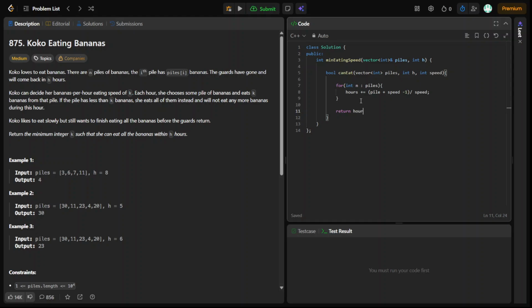So if the hours that we are calculating for the bananas per hour is less than or equal to the target, we return true, and if it is not, then return false. This is all we need, because if we want to move right or left in the binary search, of course we need this.